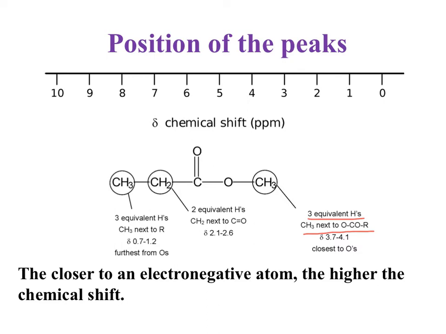Now if I go to the other end, I have got 2 equivalent hydrogens, but they are next to a carbonyl group, a C double bond O. Now if we look at this carbonyl group, their chemical shift would be between 2.1 and 2.6.